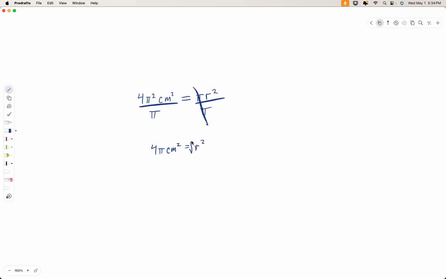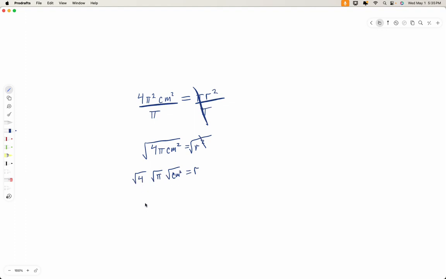To unsquare this, we use a radical sign, right? Now, the radical sign, we're going to apply that to each individual term. So we got square root of 4, square root of pi, and square root of centimeters squared. This cancels this, so that's equal to the radius. Now we just solve each one of these individually.